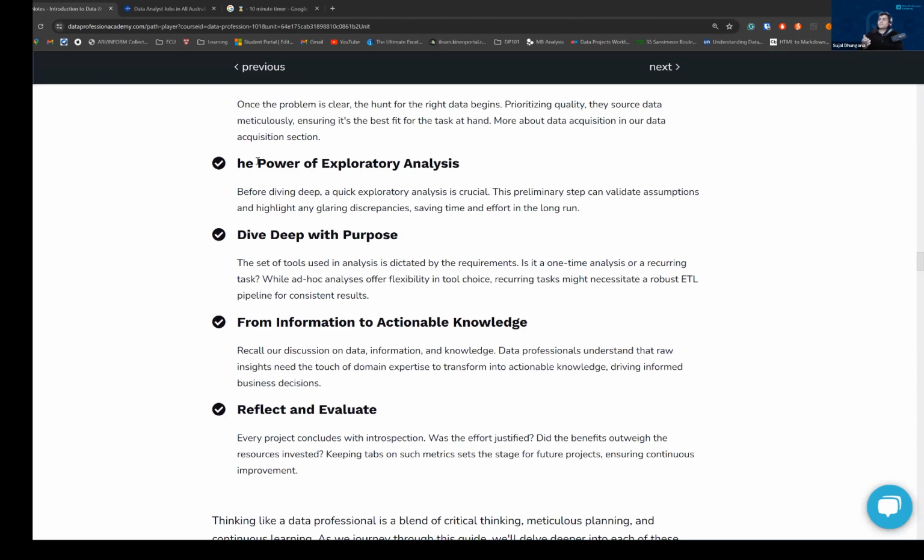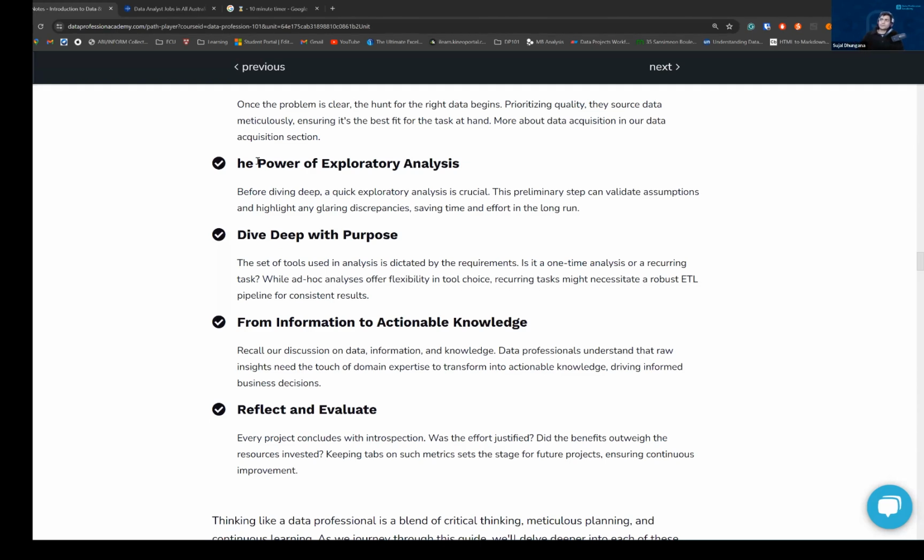It's better to find out one month earlier than one month later, after you have done all these things and find that the data was wrong.